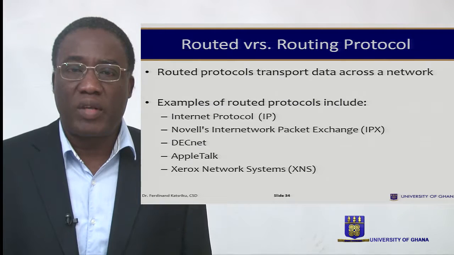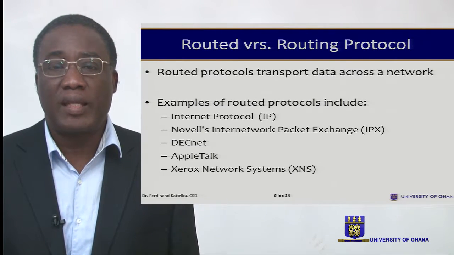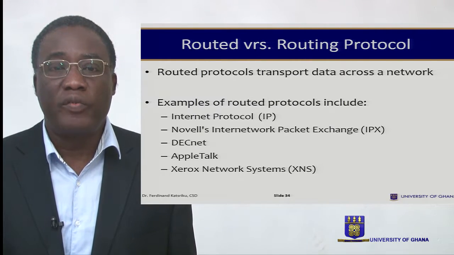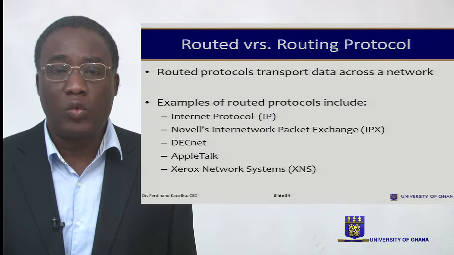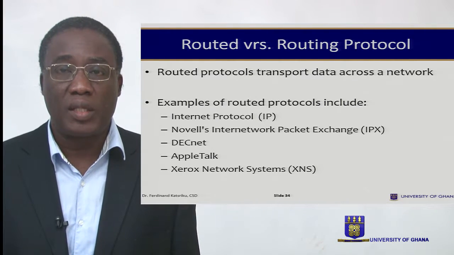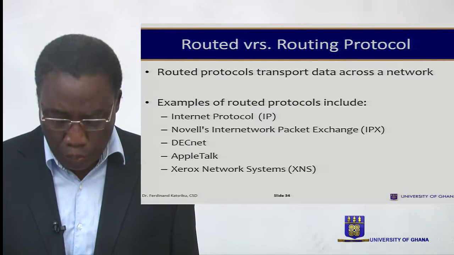Router protocols transport data across a network. Examples of router protocols are the IP protocol, the Internet Protocol. There's the Novell Internetwork Packet Exchange protocol, IPX. There's DECnet, AppleTalk, the Xerox XNS protocols. These other ones you may not be very familiar with, but they used to be quite popular.